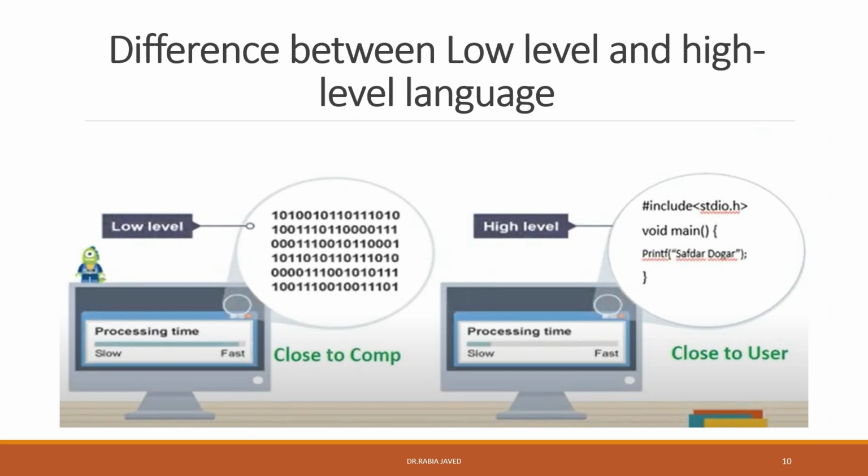What is the difference between low level and high level language? Low level language is close to the computer, which is only understandable by the computer itself. Its processing time is very fast due to it being understandable by the computer itself. For example, you know a person who knows Urdu as well, so you will be able to understand him more quickly.